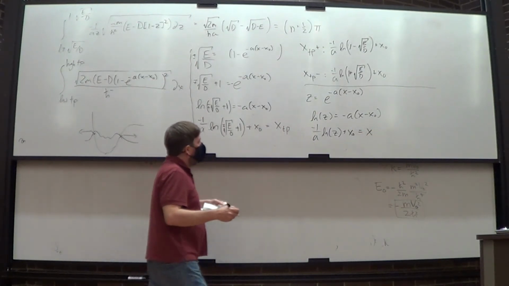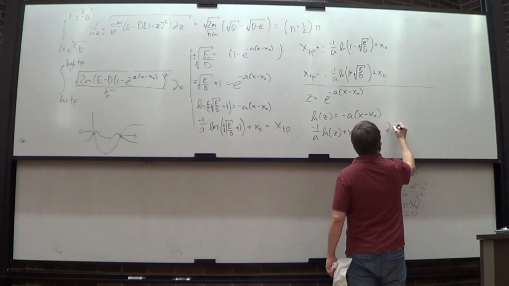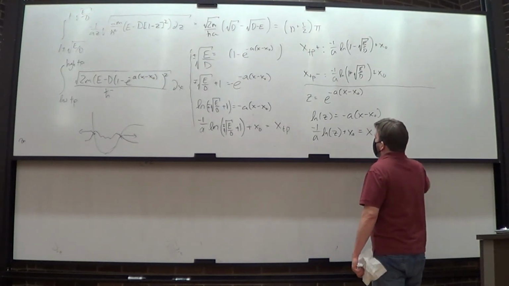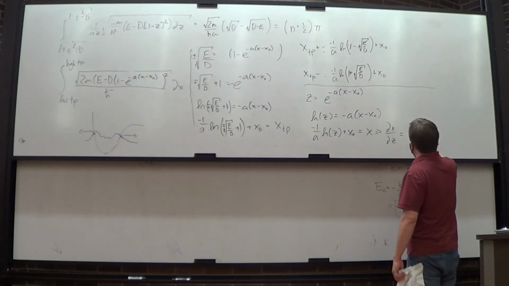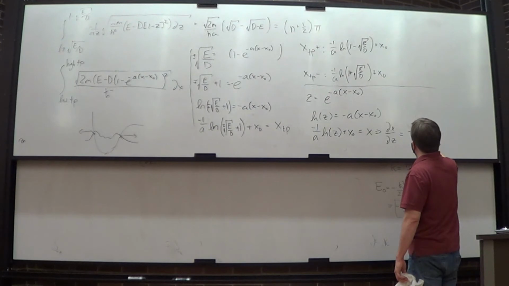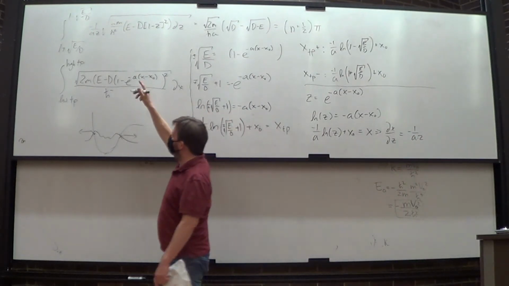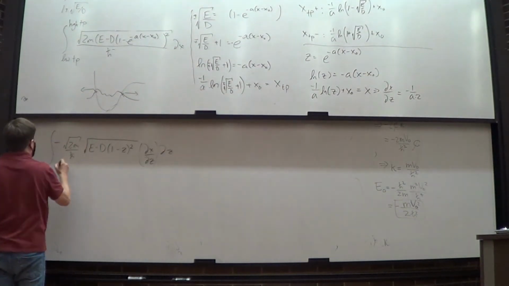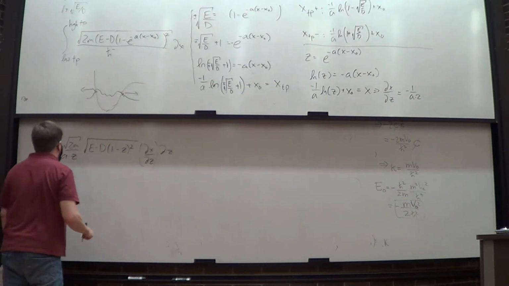Therefore, the derivative of x with respect to z. No, that's not that hard. Minus 1 over a. Derivative of natural log is 1 over z. Oh yeah, right, it's right there.